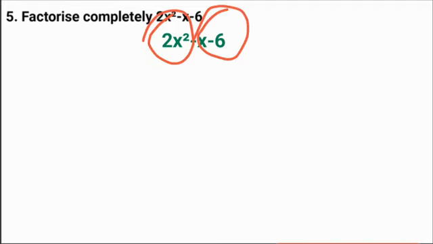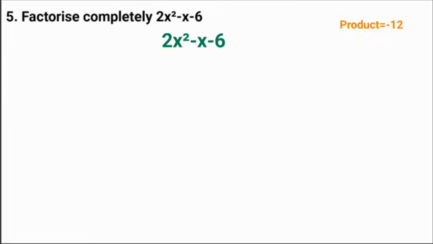it should give you a product which is negative 12. Okay, because when you multiply 2 times negative 6 it will give you negative 12. Those are the two numbers. That's one qualification they will have. The second one is that when you add those numbers, they should give you negative 1.